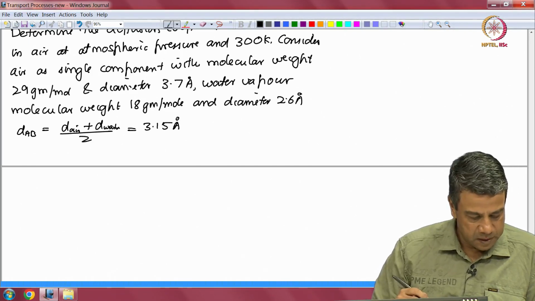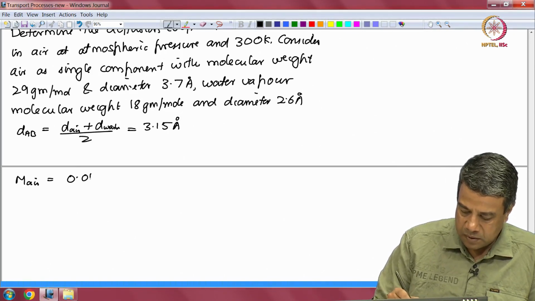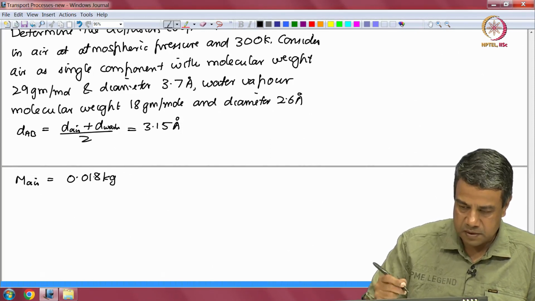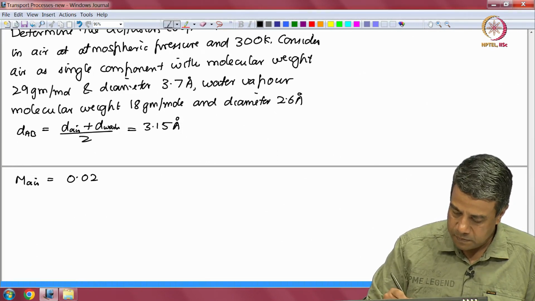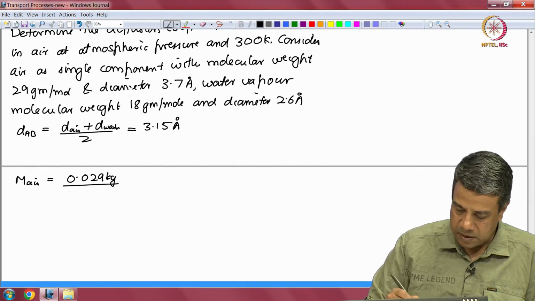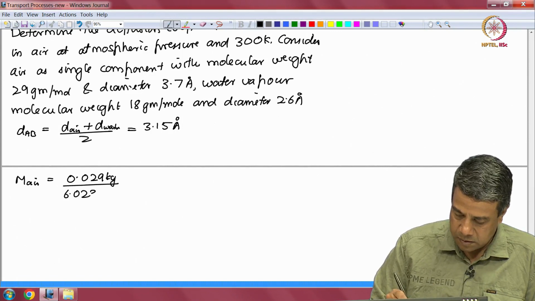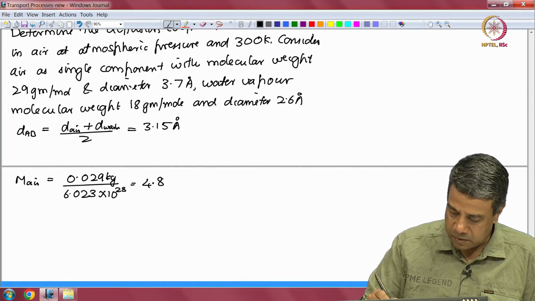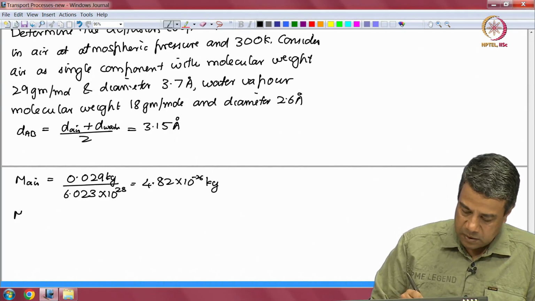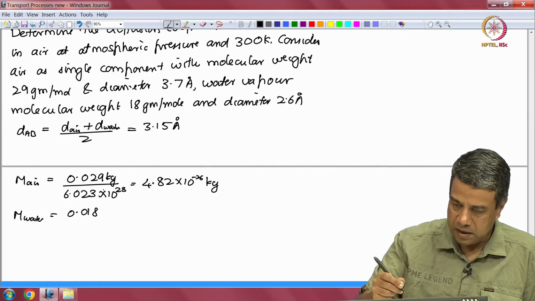The molecular weight of air is equal to 29 grams, divided by the Avogadro number per gram mole, which is 4.82 into 10 power minus 26 kg. The molecular weight of water is equal to 18 grams.